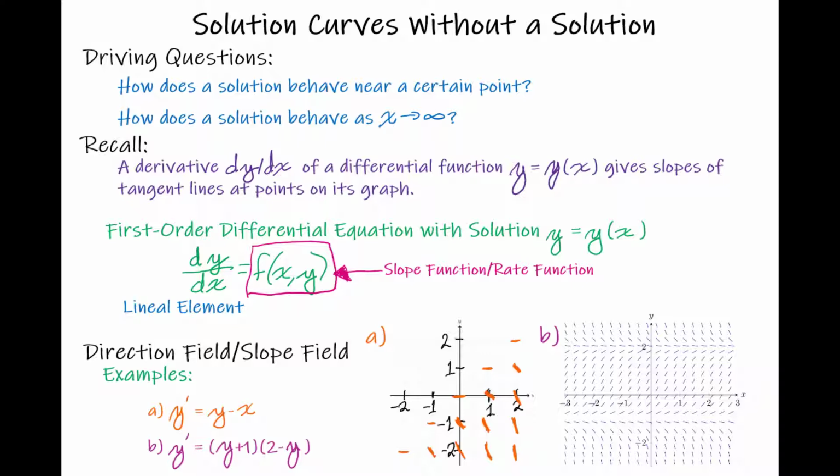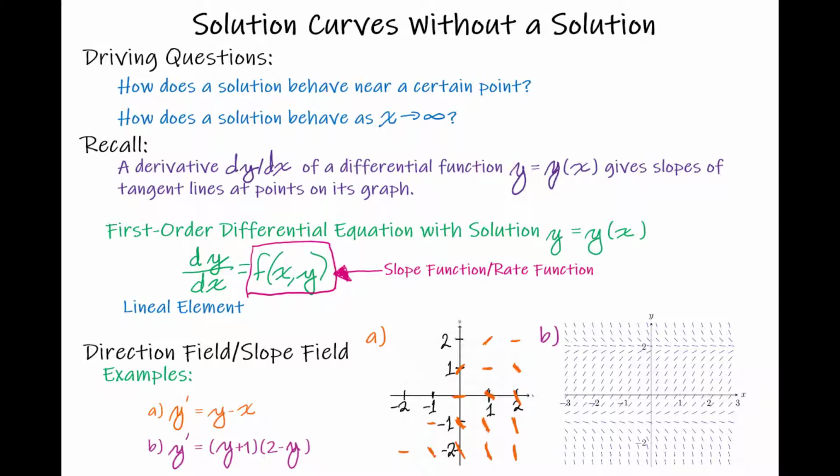Now let's go up above those 0 slopes and see what's happening. So what happens when y is 1 and x is 0? Well, I get a slope of +1. So I sketch in a little line segment with slope +1. When x is 1 and y is 2, I also get a slope of +1.